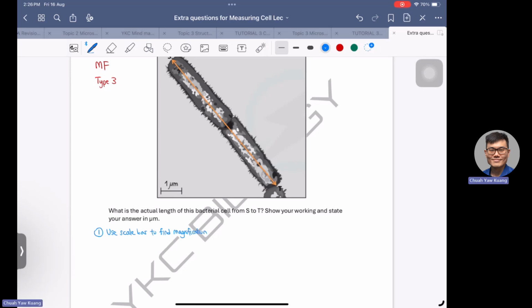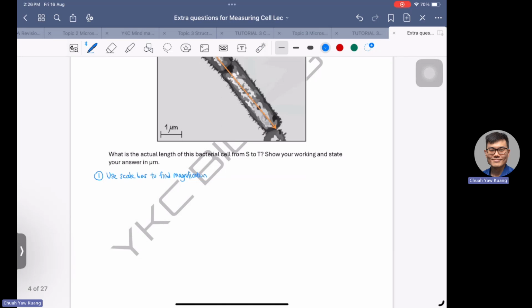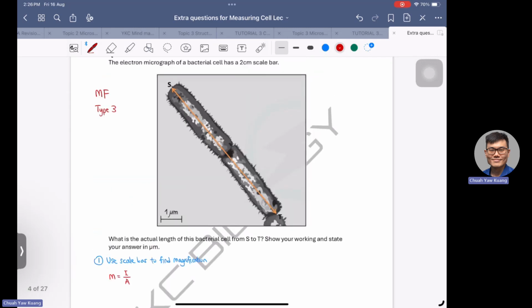So how to do this? First, we apply the formula: magnification equals the image over the actual. Based on the scale bar, the question tells us that this scale bar is 2 cm.